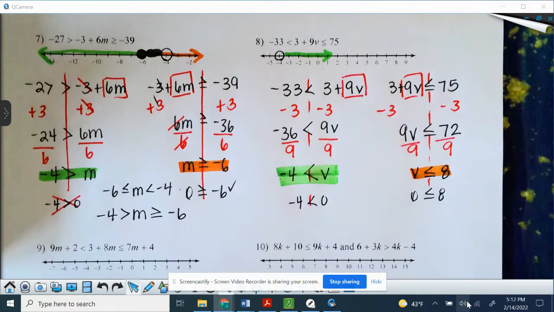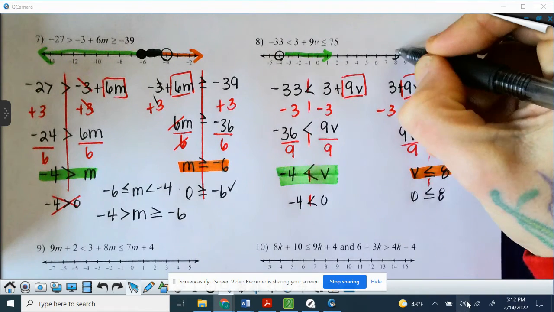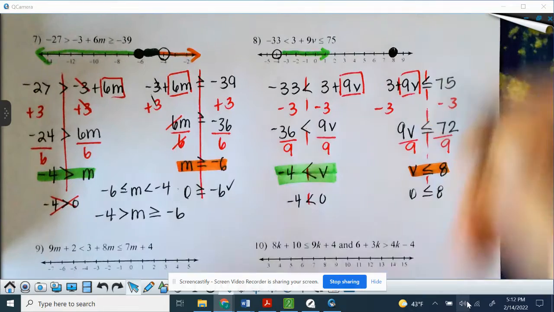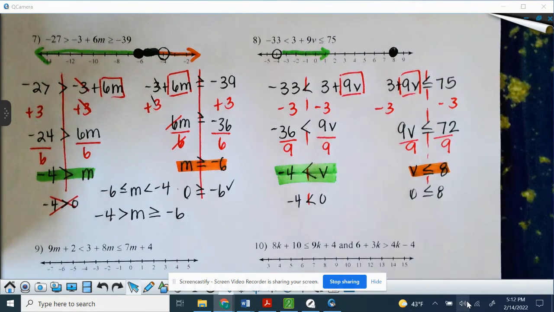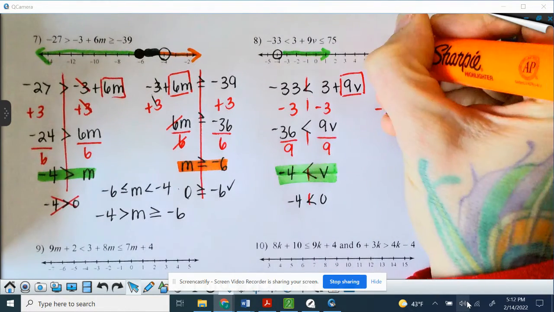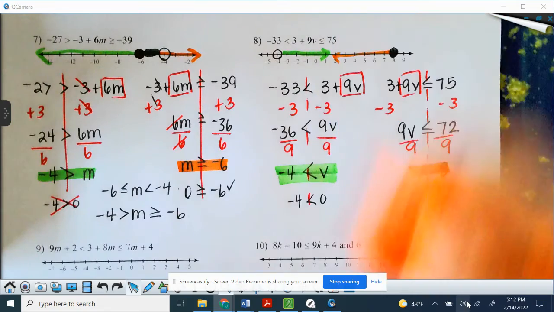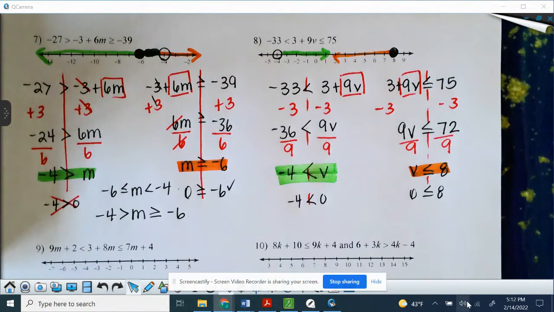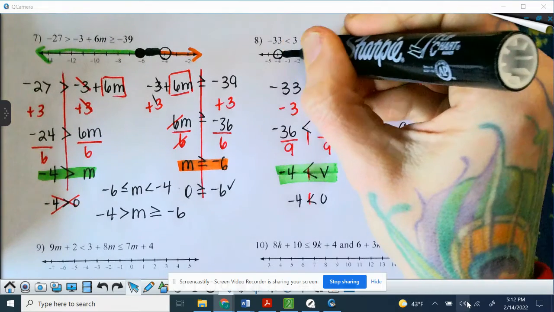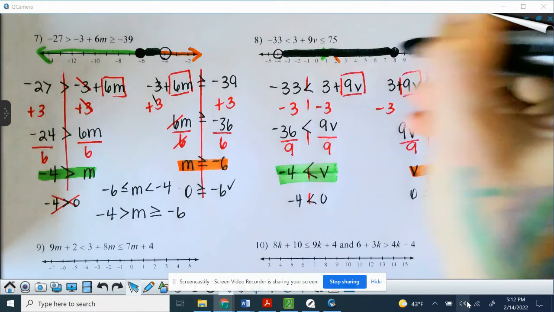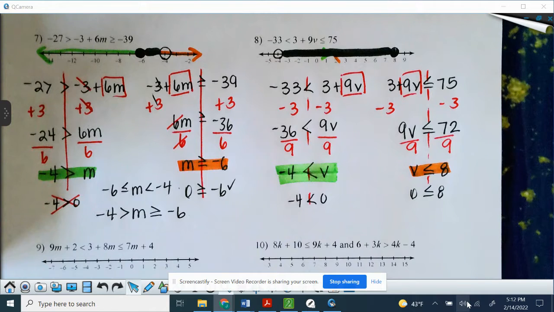So we're going to go up here to 8, colored in solid, and then we're going to shade towards 0, which is this way, towards 0. So that if those arrows kept going, your overlap would be between the open circle at negative 4 and the closed circle at 8. All right, guys, the next two have variables on both sides, and we'll go into the next video. See you soon.